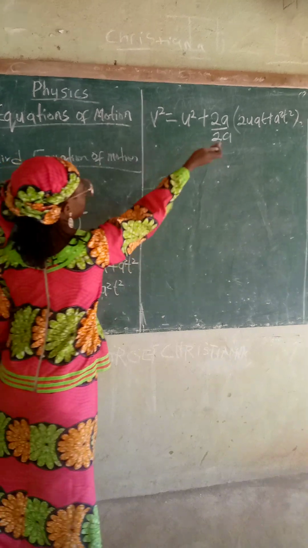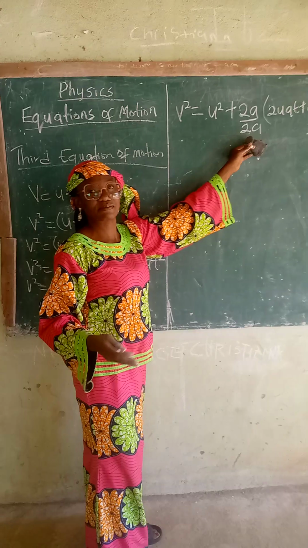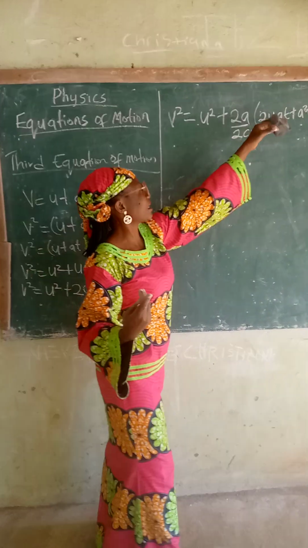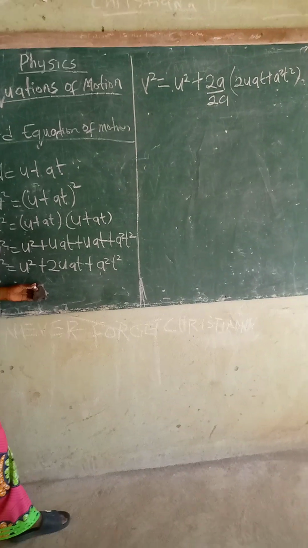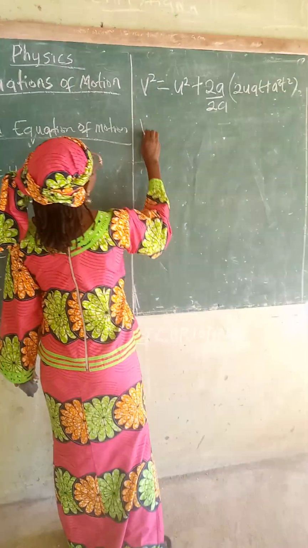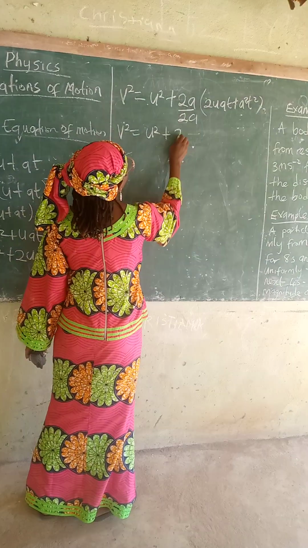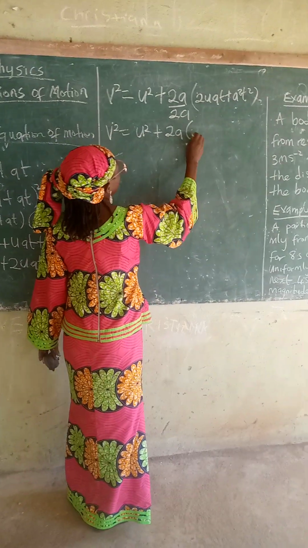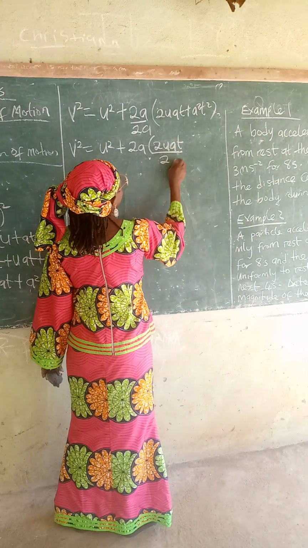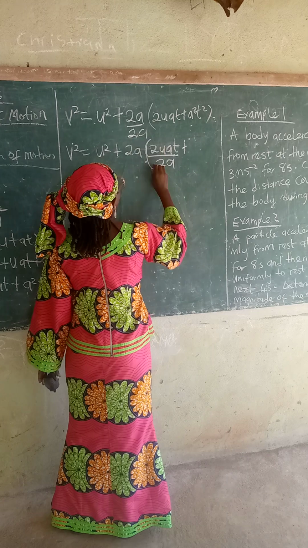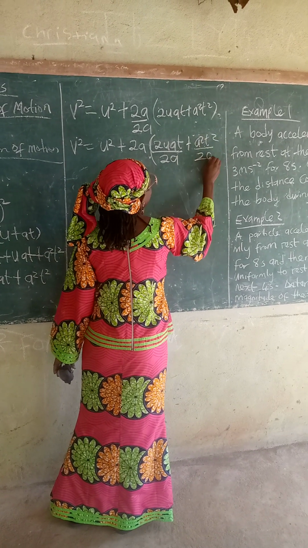This equation is the same thing as the previous one. 2A all over 2A is the same thing as 1, so 1 times this will still bring us back here. Okay, let's open the bracket. We have V squared is equal to U squared plus 2A into 2UT all over 2A plus A squared T squared all over 2A.